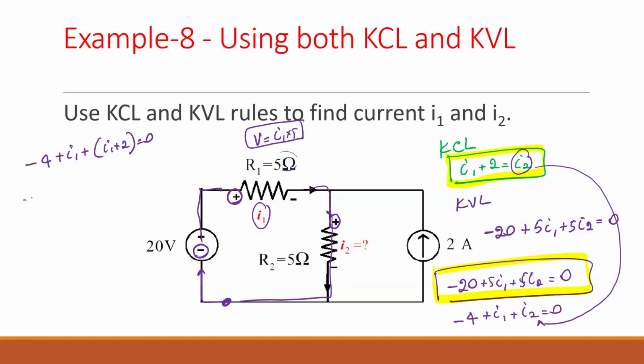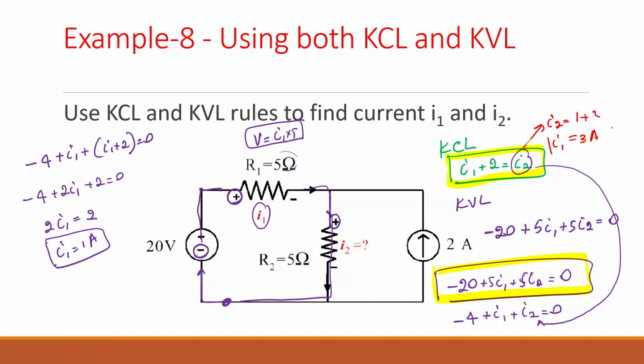So I can write negative 4 plus 2I1 plus 2 is equals to 0. So 2I1 is equals to 2. So I1 is equals to 1 amp. So if you know the I1, you can substitute it in any equation and you can find the I2, which is equals to 1 plus 2, 3 amps. So I1 is 1 amp and I2 is 3 amps.